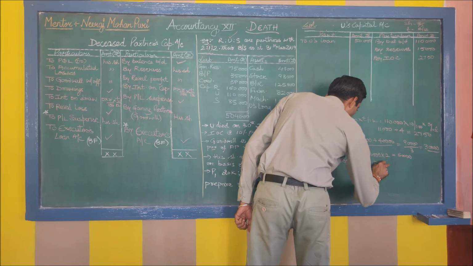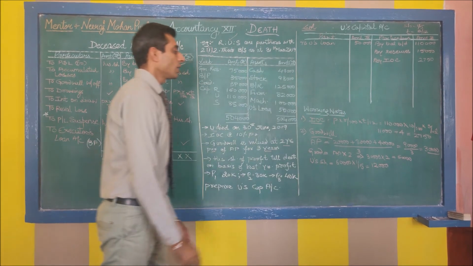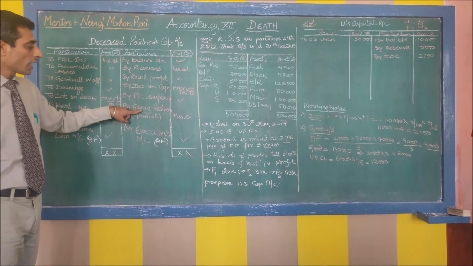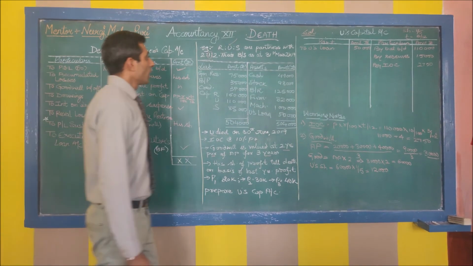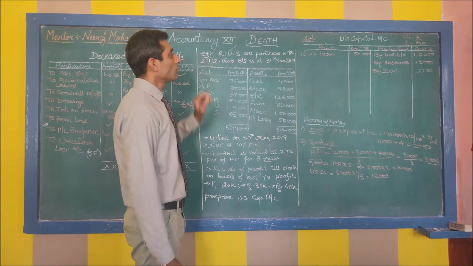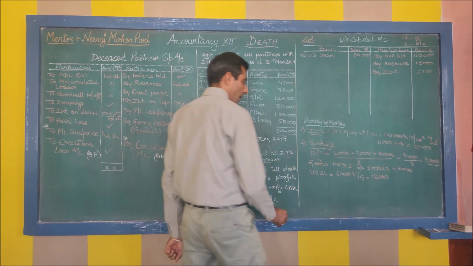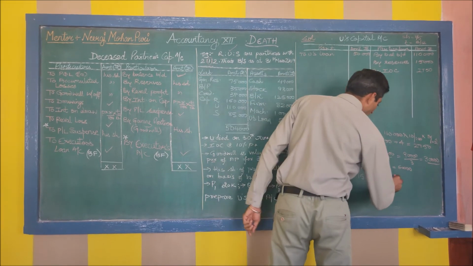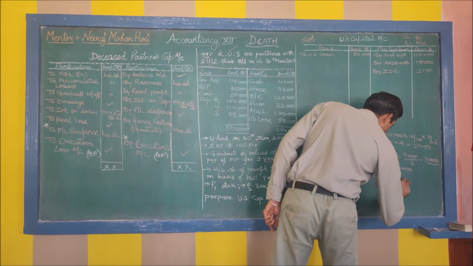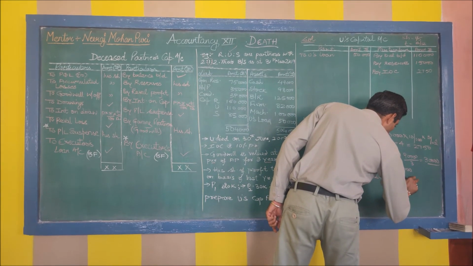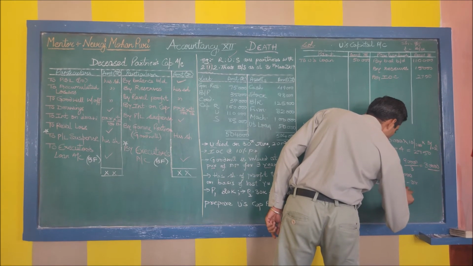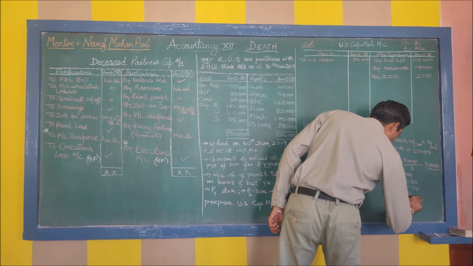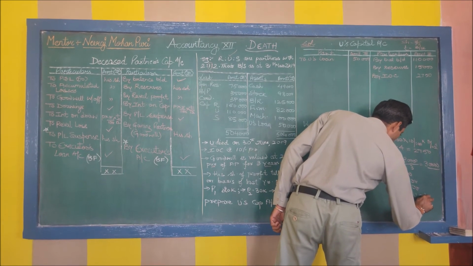Now next, this 12,000 needs to be distributed. R's capital account debit, S's capital account debit, to U. So U's share is 12,000.